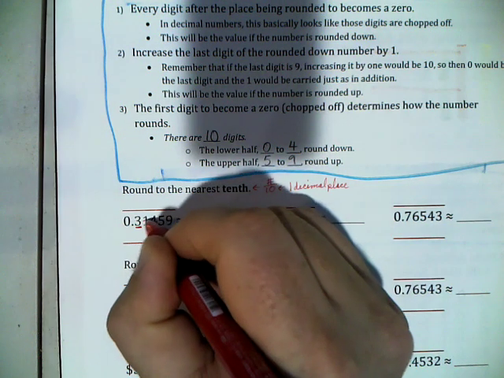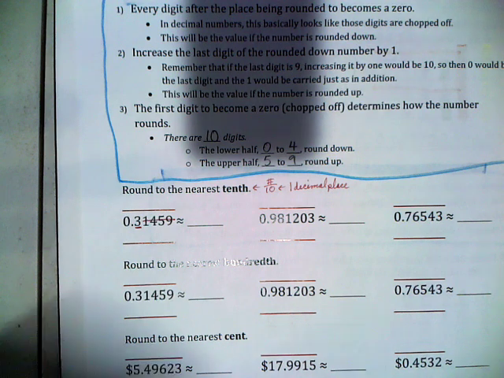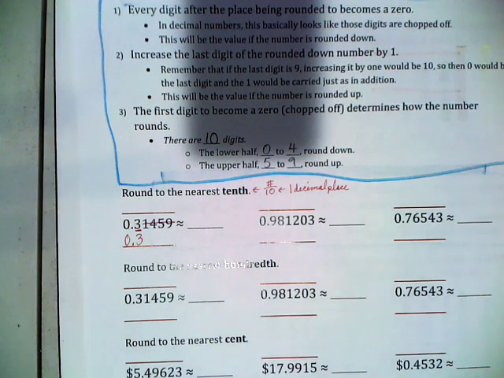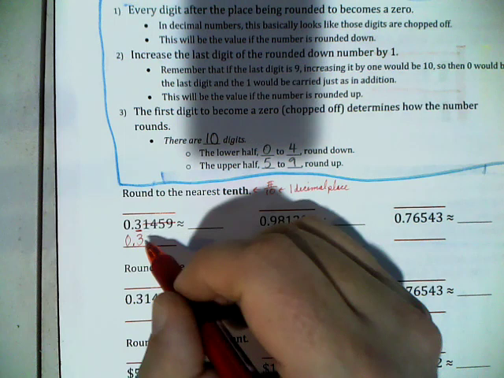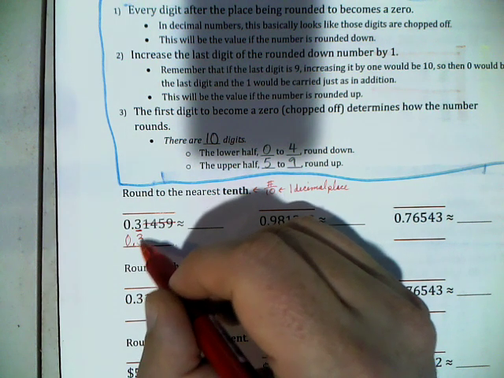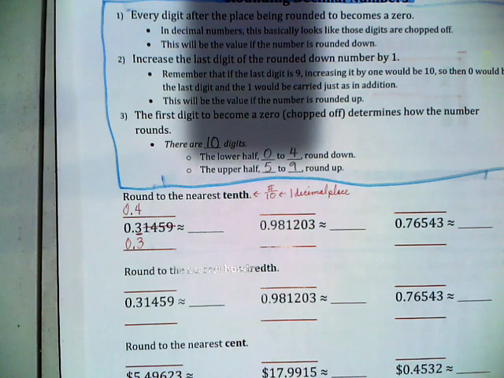That means everything after it is getting chopped off. So 0.3 is what this will be if it rounds down. That's step 1. Now, if this rounds up, we just increase that last digit by 1, so 0.3 becomes 0.4. So if it rounds down, it'll be 0.3. If it rounds up, it'll be 0.4.